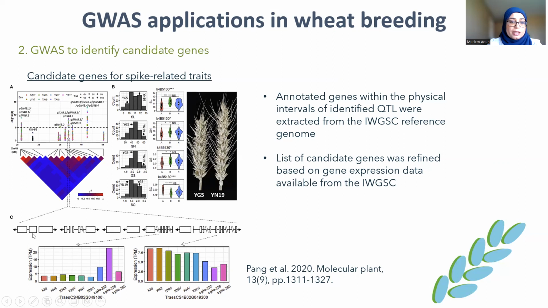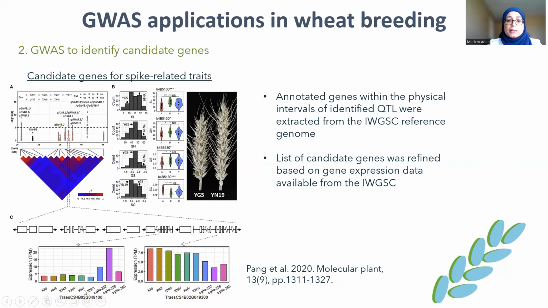And in this locus, they looked for the annotated genes that are within the genomic region of these associated markers, and they found 11 genes within this genomic region from the International Wheat Genome Sequencing Consortium website.